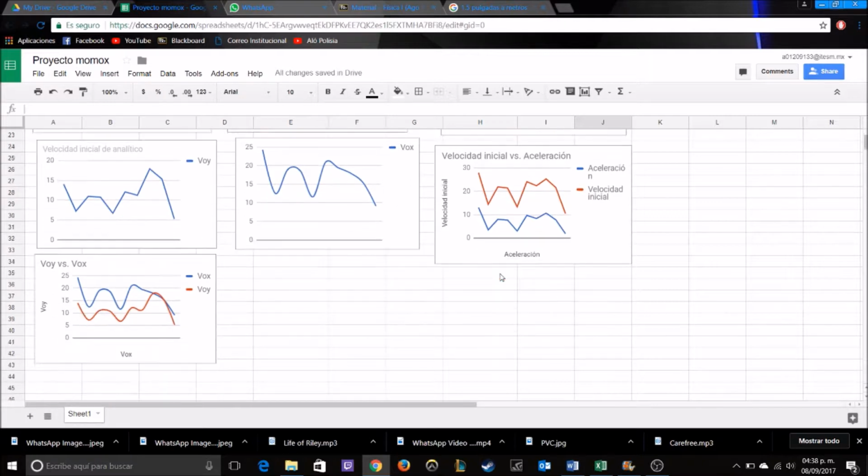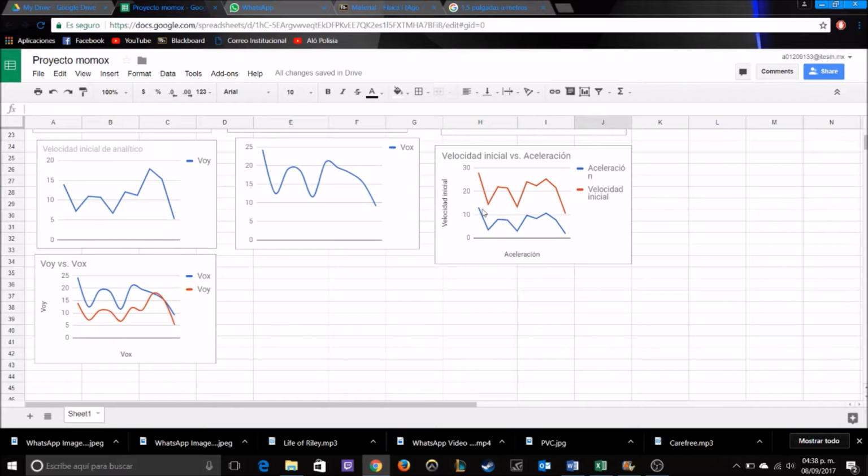Now, comparing the initial velocity versus the acceleration, you can see how this changes completely. Okay, we can say from this one that the initial velocity is greater than the acceleration.